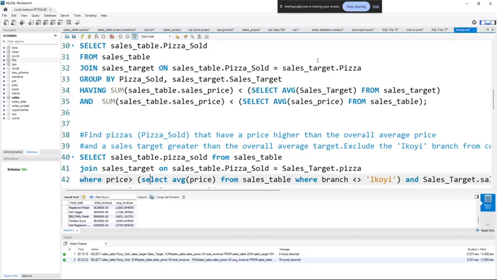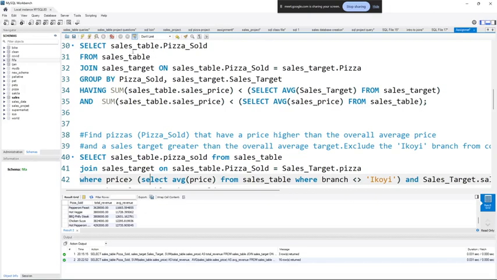Obviously, in this question, there is no way the total revenue is less than that second condition. But let's just continue with what we are doing.